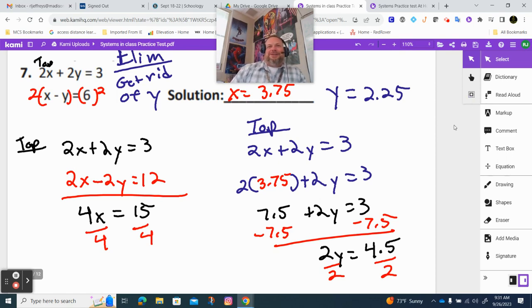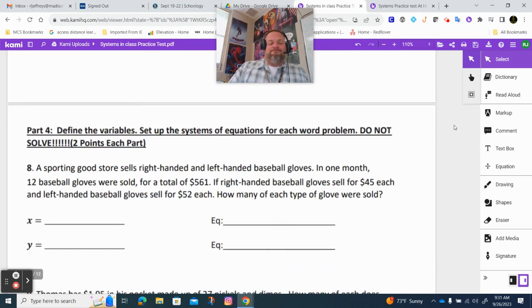So tomorrow, bring cash or Venmo. Same amount of questions, same amount of problems. Now, it's not per problem, it's per question. So if you have multiple questions within one problem, yeah.